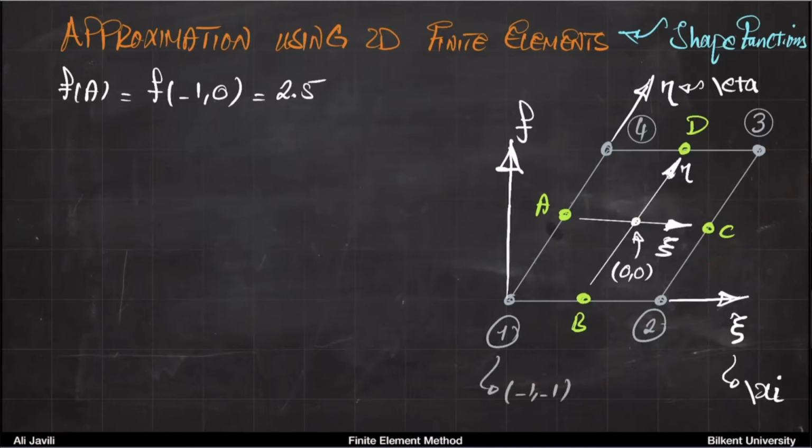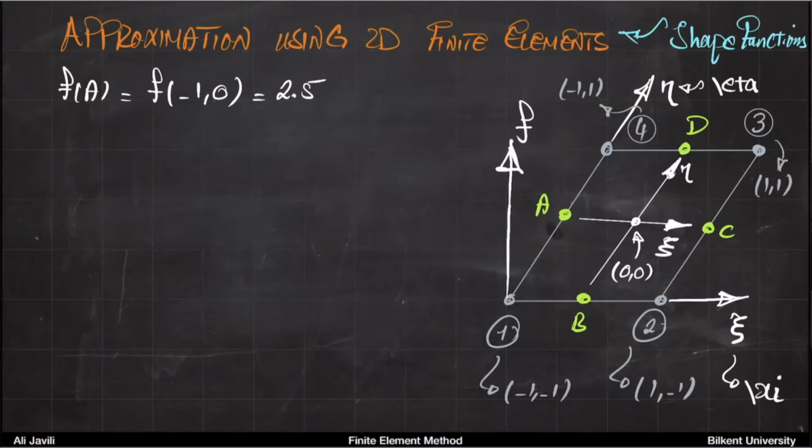Node 2 would have coordinates 1 and -1, sorry, so it's 1 in the xi direction and -1 in the eta direction. Node 3 is 1 and 1, and node 4 is -1 and 1. Does that make sense? So these are the 4 coordinates.